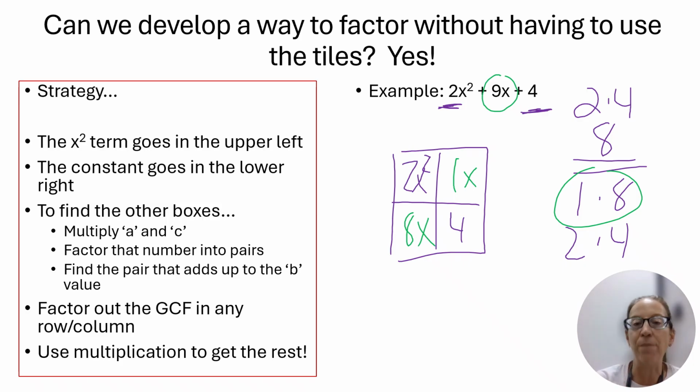Now we've got that set up. So now we just need to figure out, okay, what are the things on the outside here that would multiply to give me what's on the inside. Now, the easiest way to do that is you can pick any row, any column.